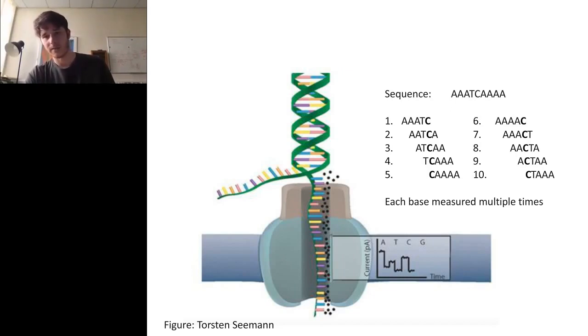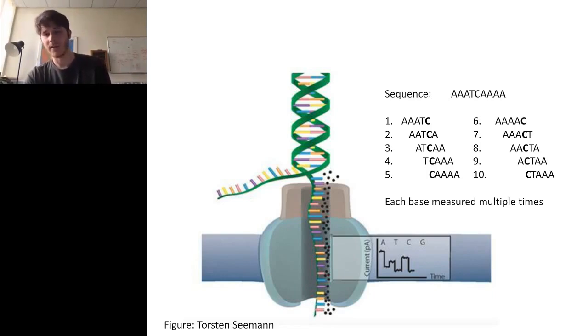If you imagine this sequence going through the pore, and you just think about the C base, you first observe it at the last position, and as it slides through, you'll then observe it 5 times in this case, where we're assuming that the word length is 5 bases.